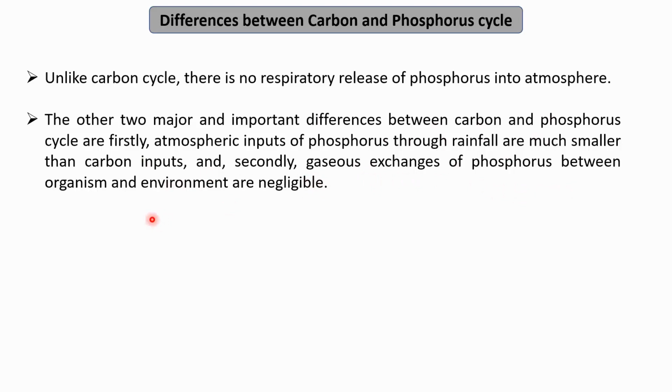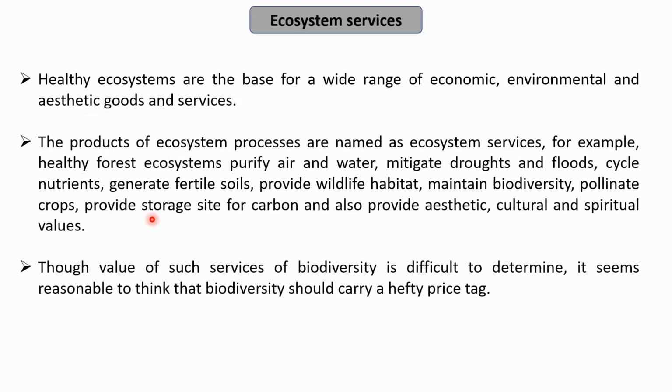Most of the phosphorus is either present in the dissolved form in water or may undergo sedimentation, where it forms rocks, then by the process of weathering or erosion, this phosphorus is again released back into the soil that can be taken up by the plants and can further be taken up by the consumers. So the gaseous exchange of phosphorus between the organisms and environment is almost negligible as compared to the carbon.